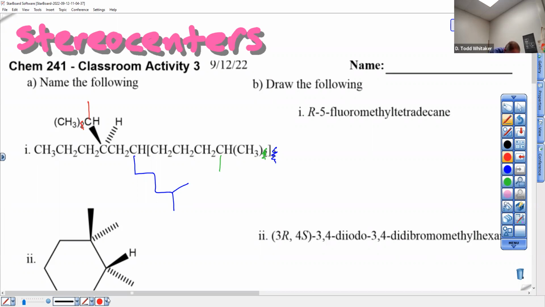Longest chain, bottom right or far right, will both get you the longest chain. We'll go with orange. 1. There's a methyl on 2. That's why I chose to go this direction. 3, 4, 5, 6.